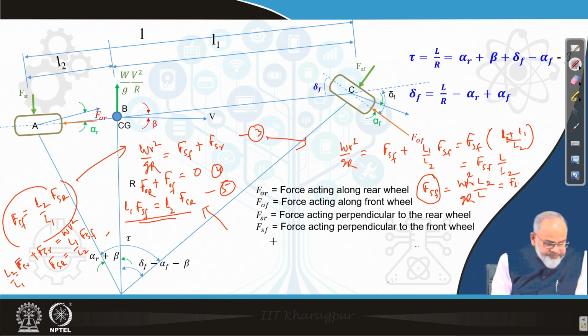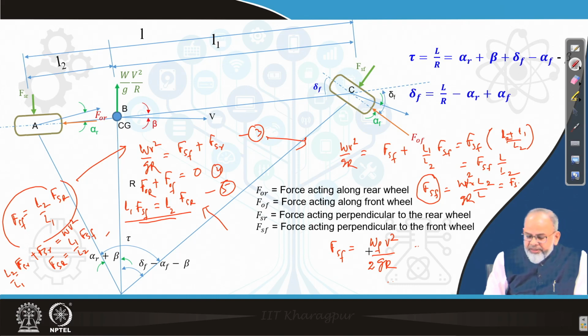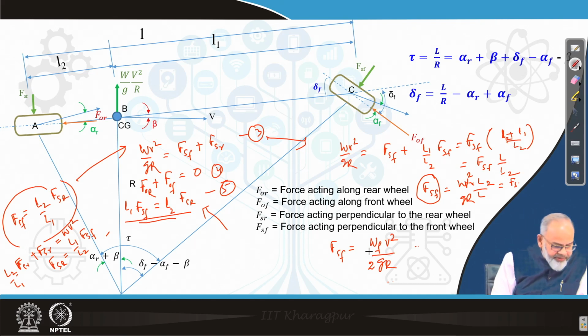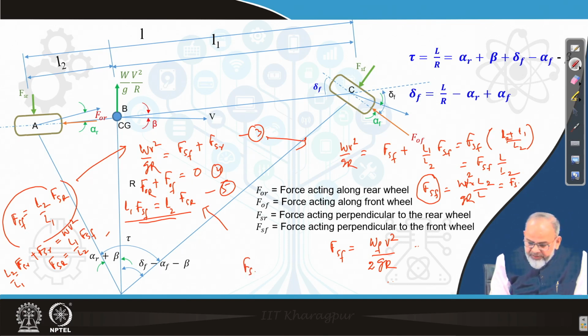So, I can write F_sf will be equal to W_f v square by g r, where W_f by 2 is the weight acting on each of the front wheels. Similarly, I will find F_sr will be equal to W_r into v square by g r.